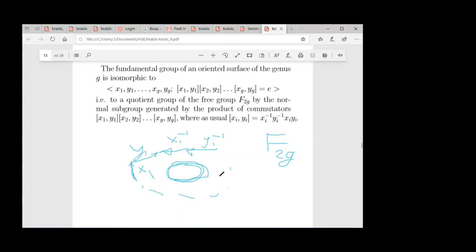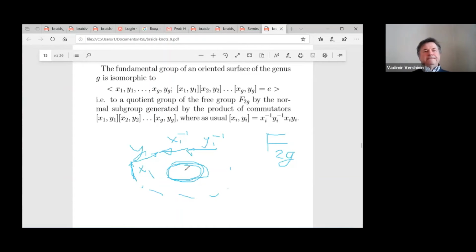I think that one component glues one face. Yes. Sorry. Yes, so the proof is the following. You put this boundary component here and now make the deformation of this central circle to the boundary. From the point of view of the fundamental group, it is possible to do because the fundamental group is defined up to homotopy.